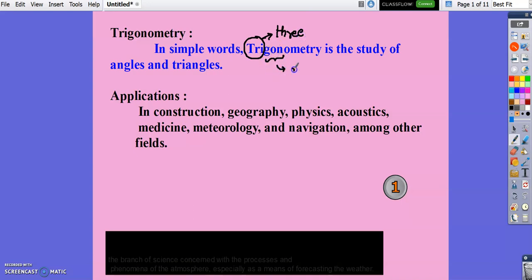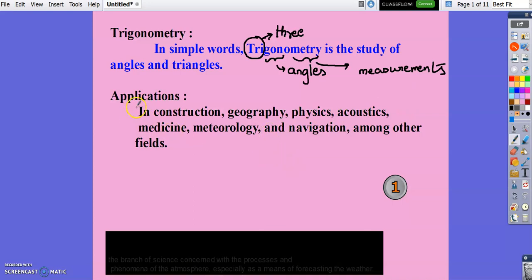And "metry" means what, people? Measurement. So trigonometry is a branch of mathematics which deals with angles and triangles.